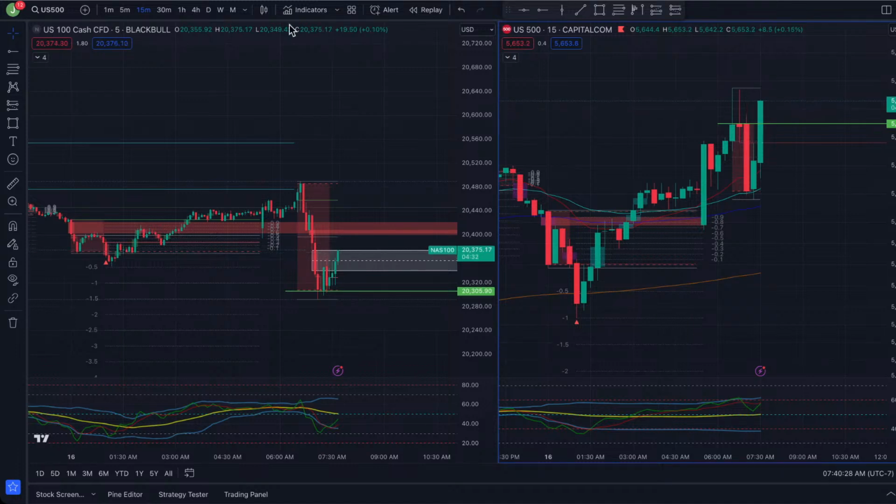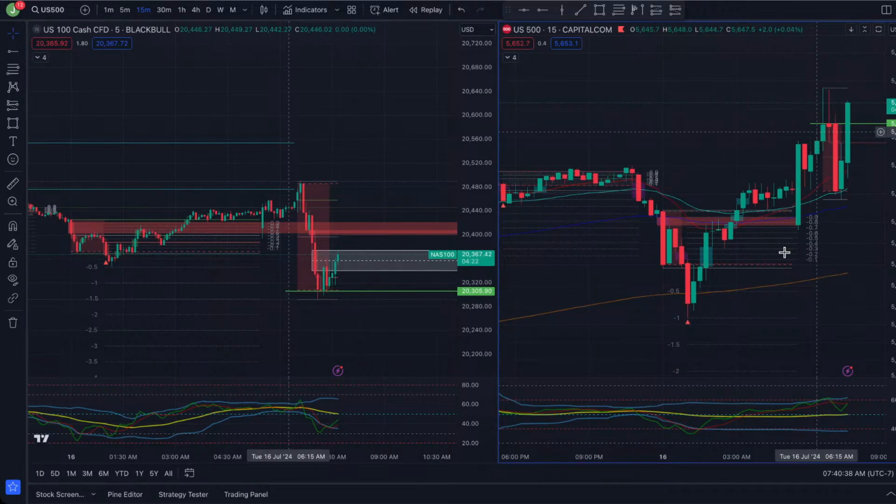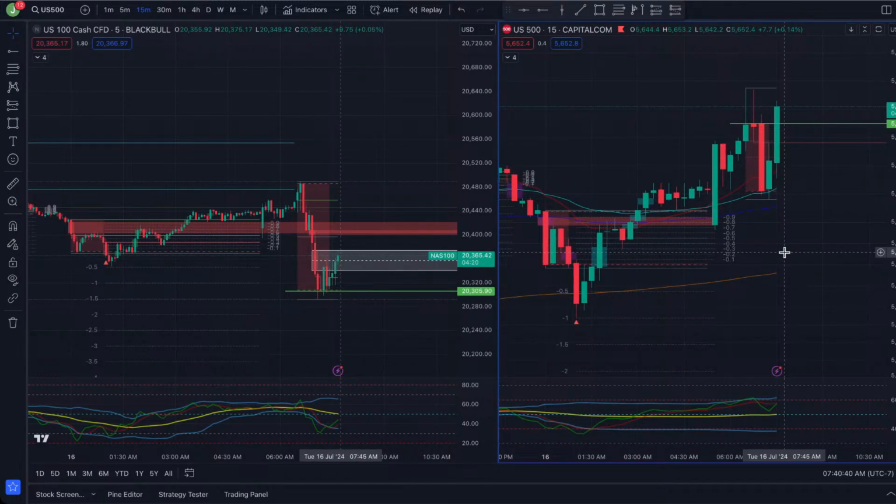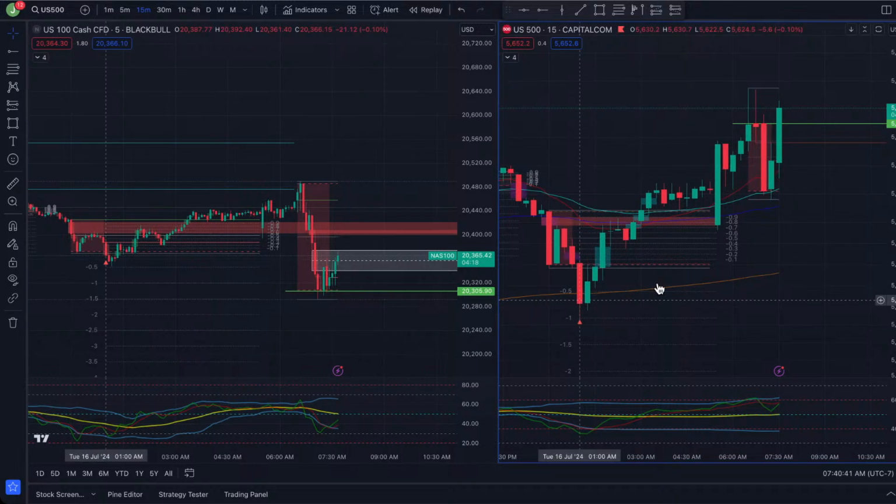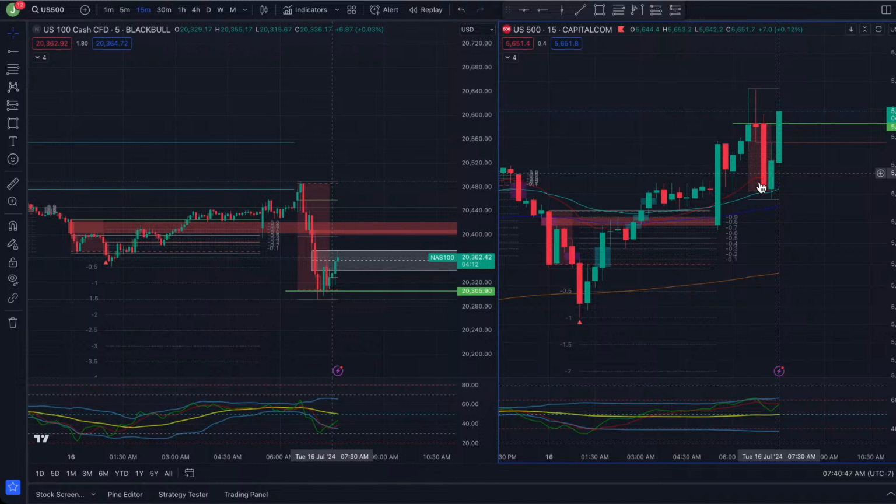It's NAS on the left, US 500 on the right. We're just using 500, which is the stronger pair currently, just to see if we can find any divergence. US 500 also bounced off that 238. Now the 15-minute candle is bouncing off the 20 EMA.